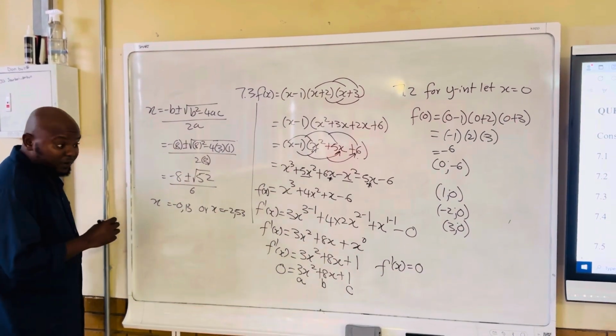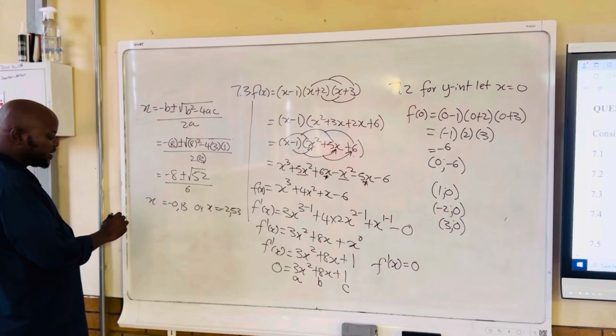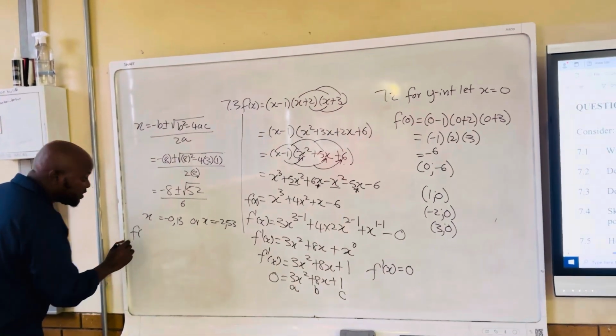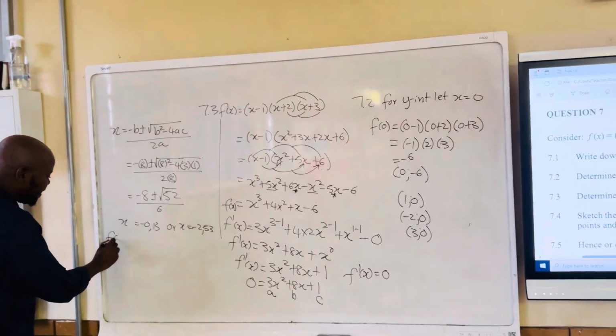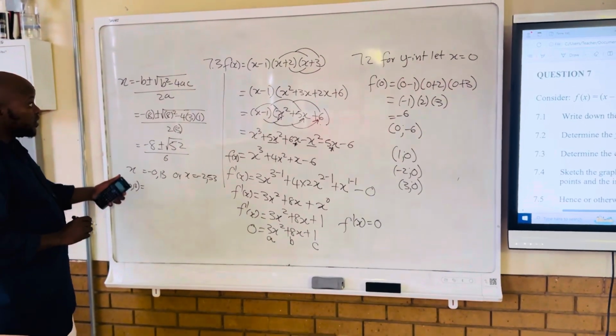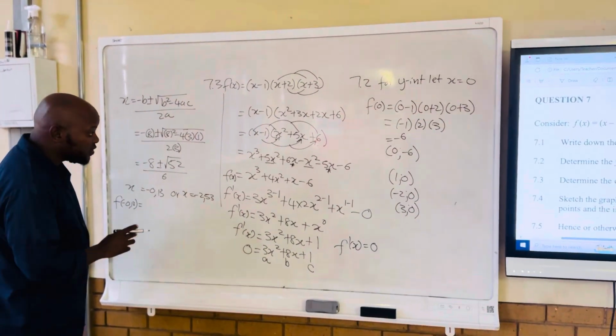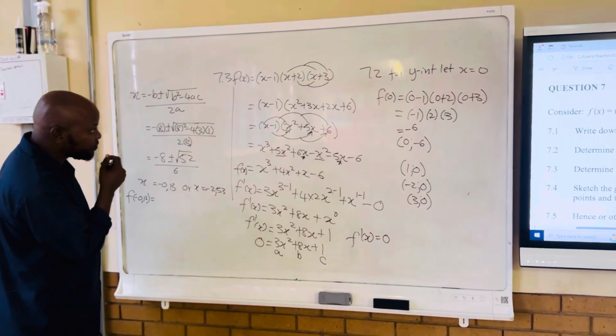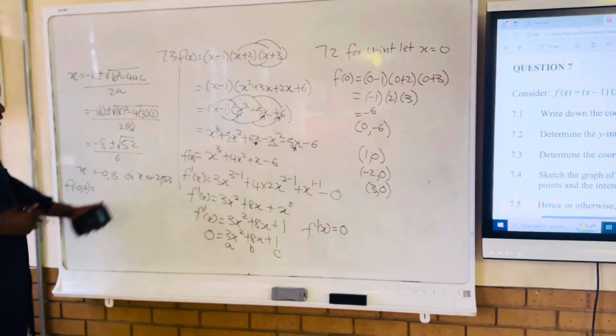We're going to determine the values of y at the turning points, so f of negative 0,13 is equal to how much now? We're just going to substitute. Here's our equation.